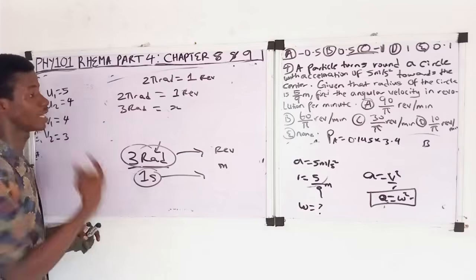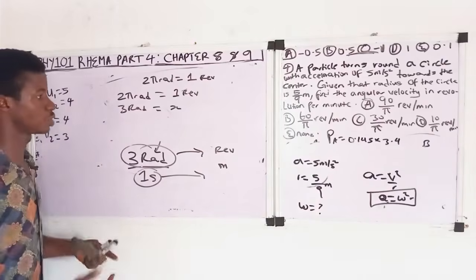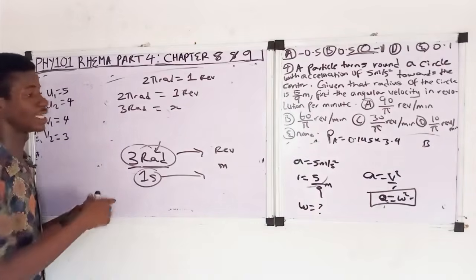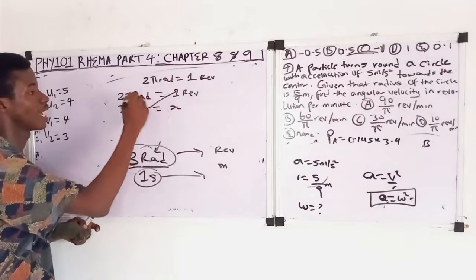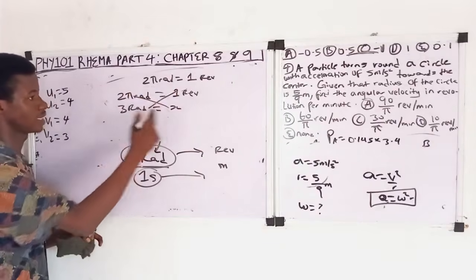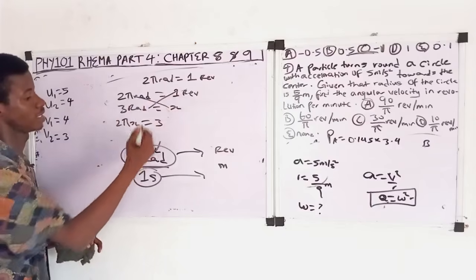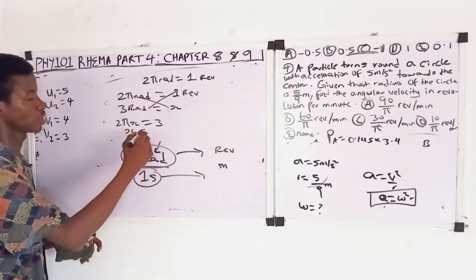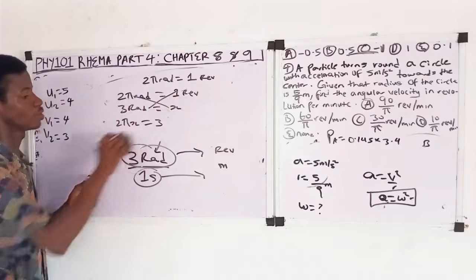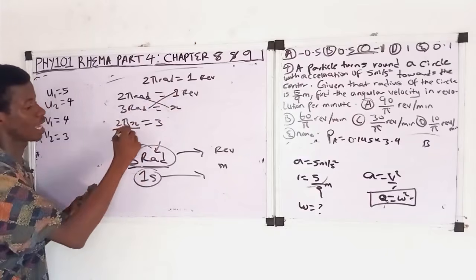So if 2 pi radian is equal to 1 revolution, then 3 radian will be equal to S revolutions. If we cross multiply, 2 pi times S gives 2 pi S, and 3 times 1 gives 3. We're looking for S, so divide both sides by 2 pi.